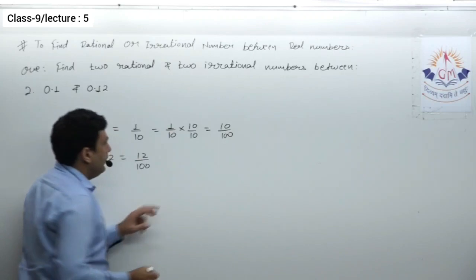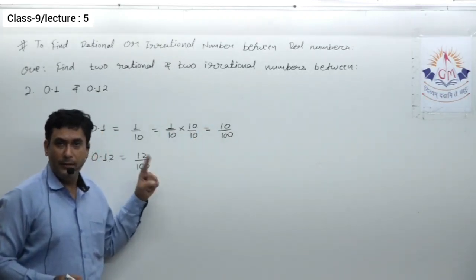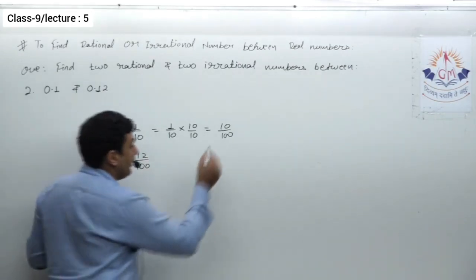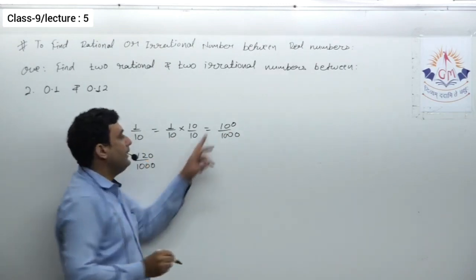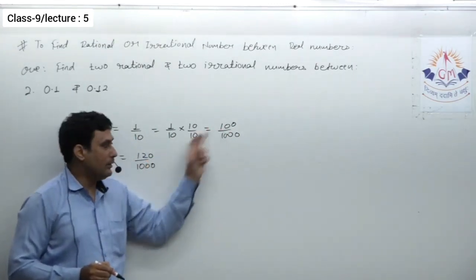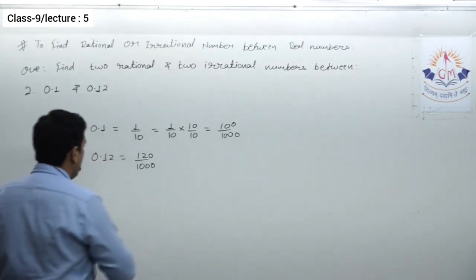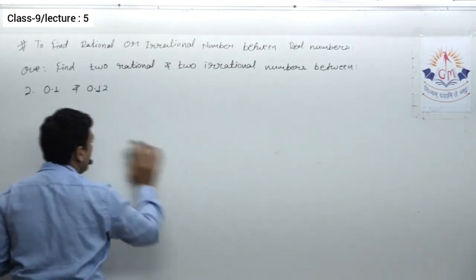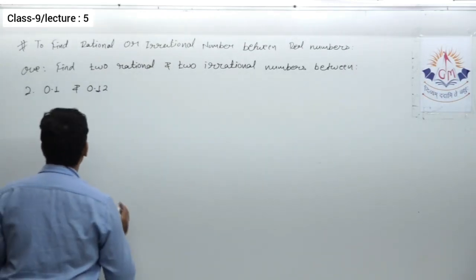Now here between 10 and 12 there is only one integer, that is 11, but as I have to write more than one number, I have to do this again, and then definitely it is possible to write the rational numbers between these two. But again I won't suggest you go with this method. Okay, this is a little bit time consuming. So what is the better or alternate method?